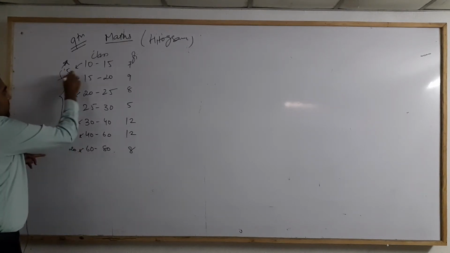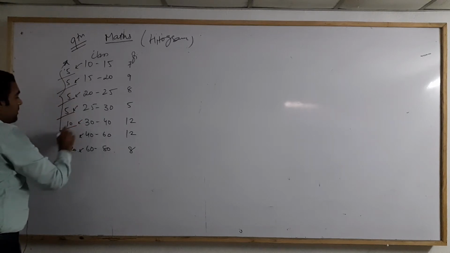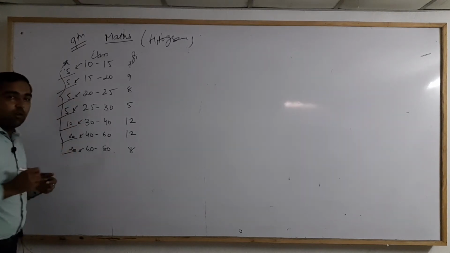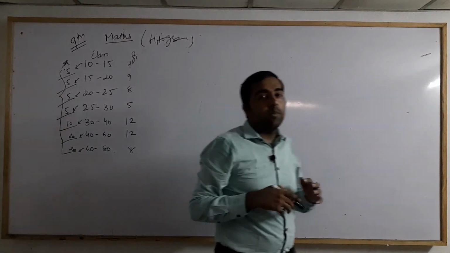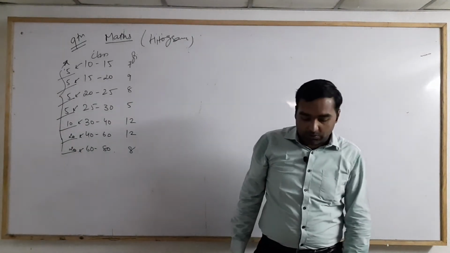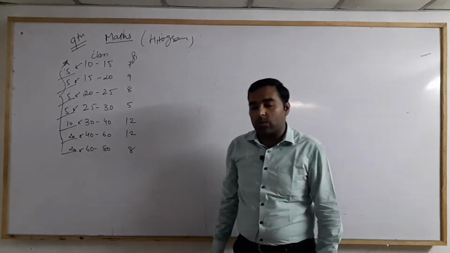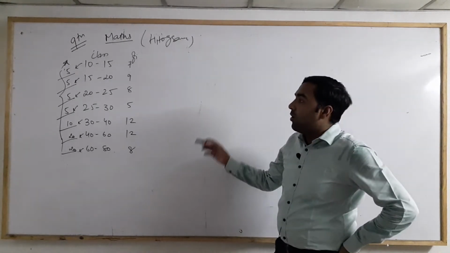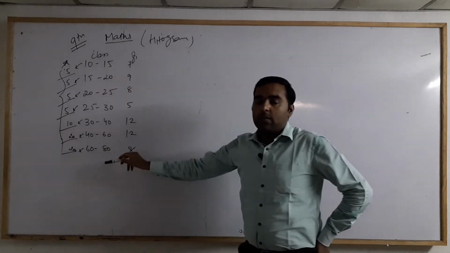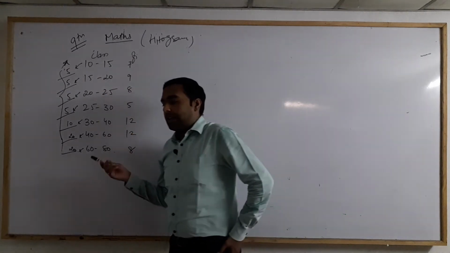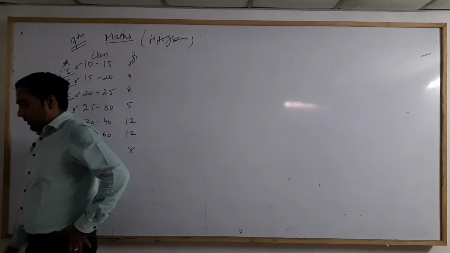So my class widths are different from the previous question, where all the class intervals were the same.